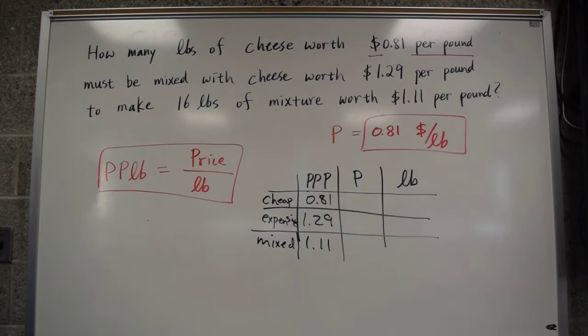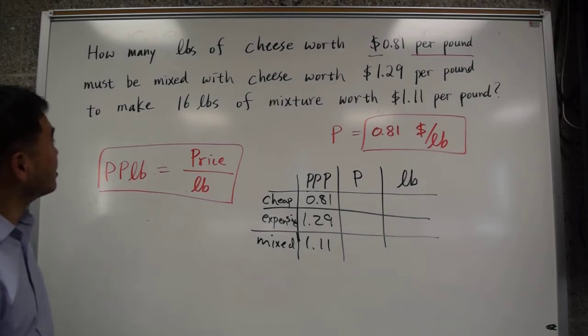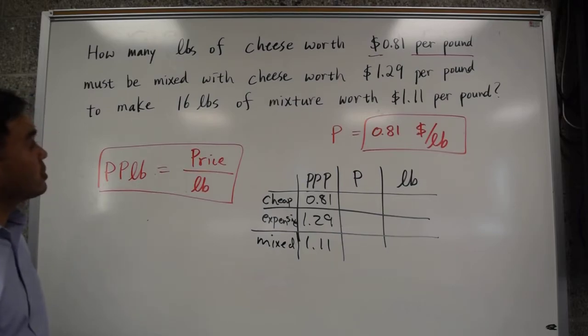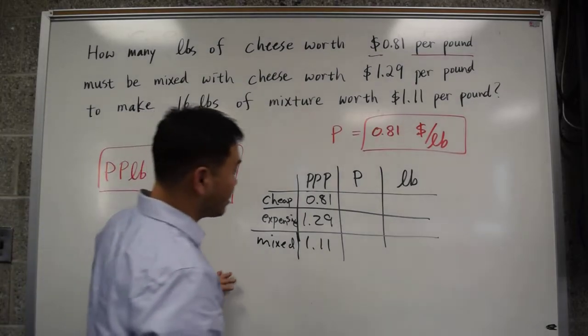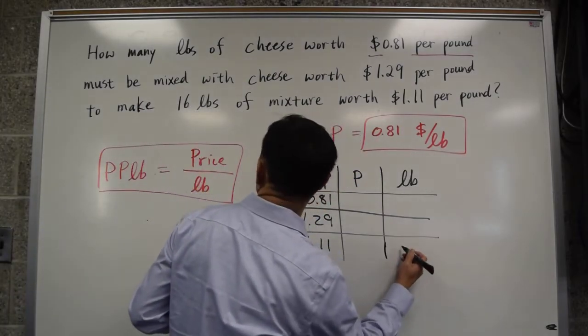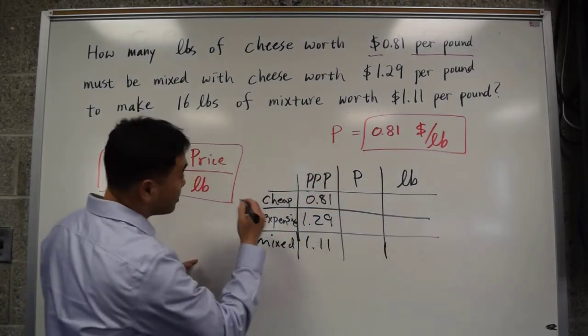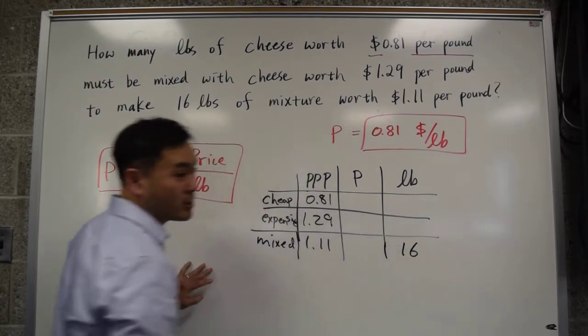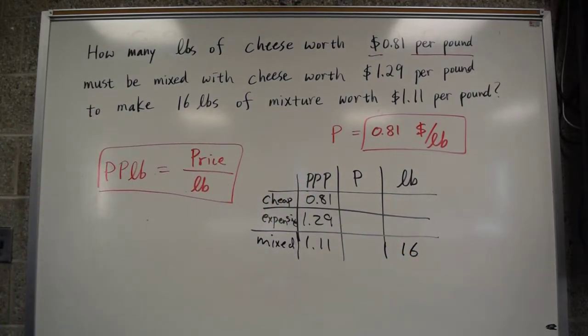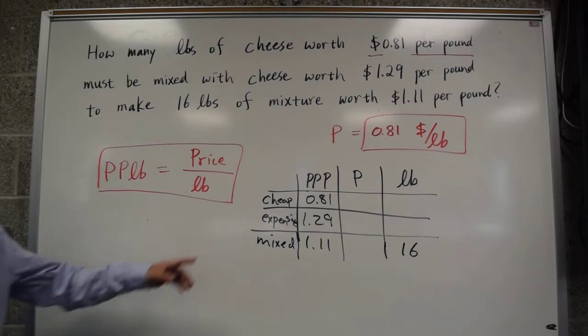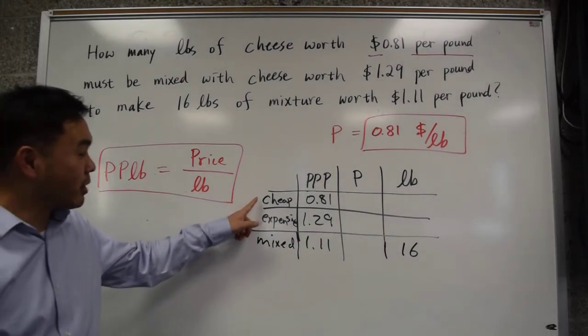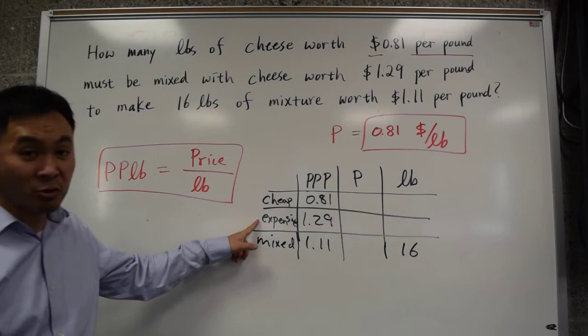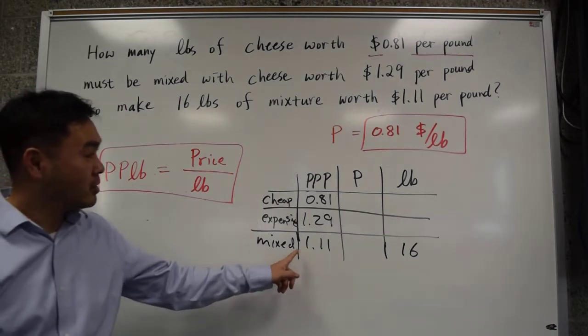Now, I don't know how many pounds each are. But I know the total pounds. The total pound is 16. I know 16 goes in here. And the question is actually how many of each? How many of the cheap stuff, how many of the expensive stuff should you mix to get this?